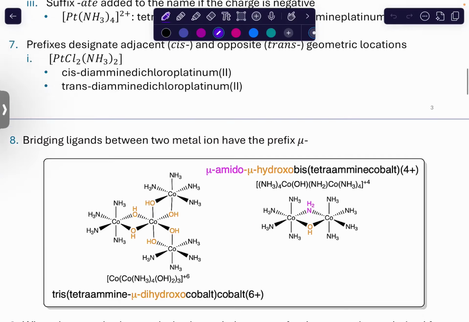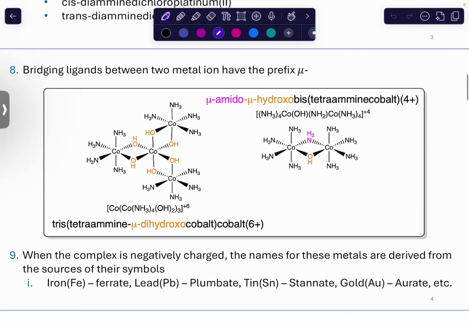Bridging ligands between two metal ions have the prefix mu. So there, the one on the left, tetraammine mu-dihydroxo cobalt(VI).